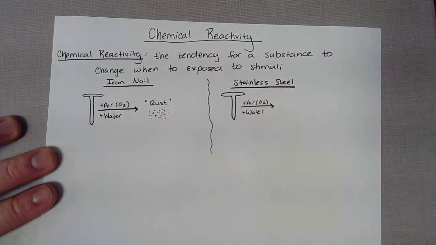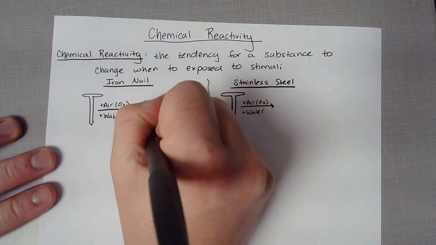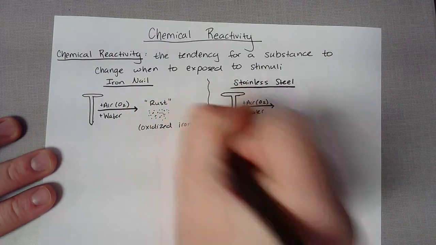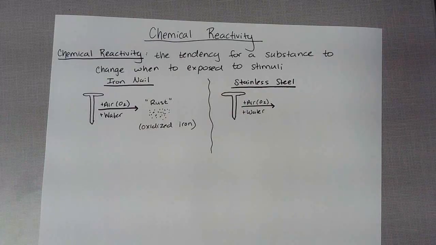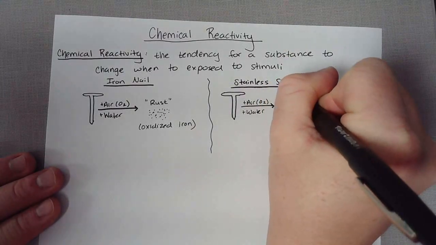Rust being our everyday word for oxidized iron. But what we really care about is it changed. It changed significantly. It underwent a chemical reaction. Now, the stainless steel nail left outside in the same conditions for the same amount of time is going to have a different outcome.